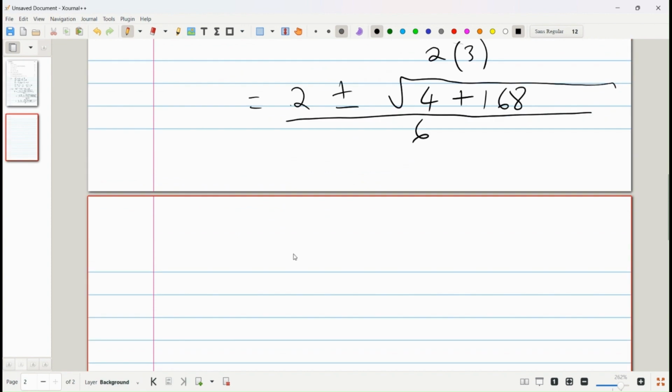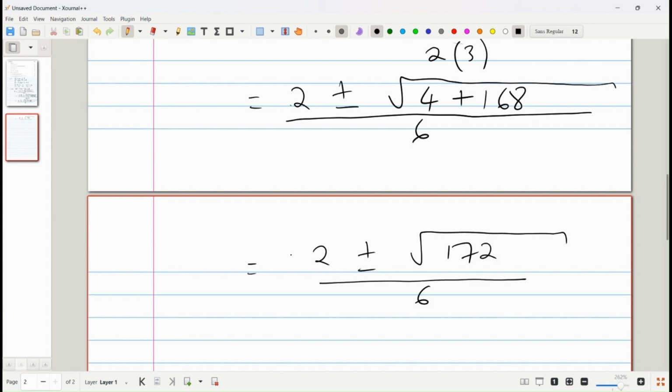So you need to confirm with your calculator. For the next step, you just use your calculator. You have 2 plus or minus the square root of 168 plus 4, which is 172, and all divided by 6.